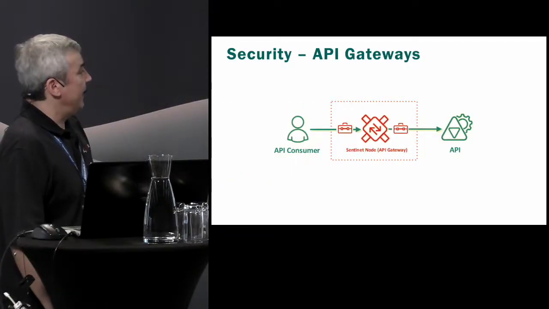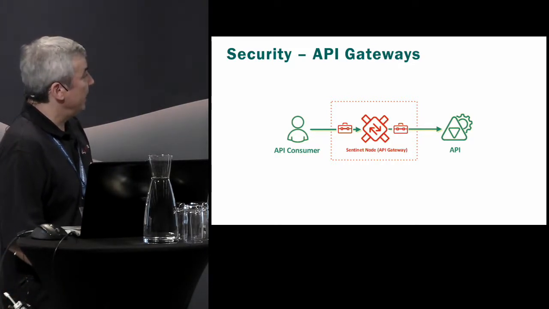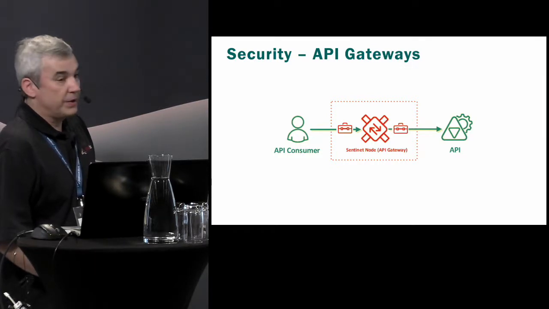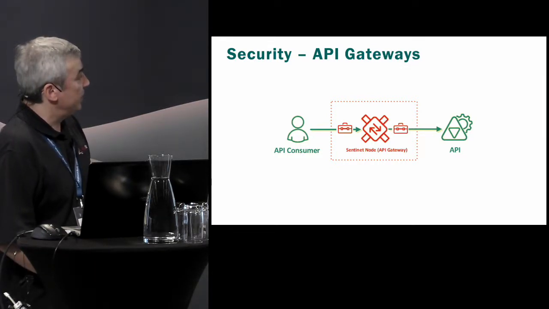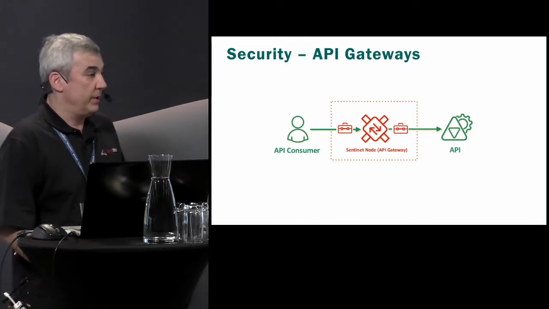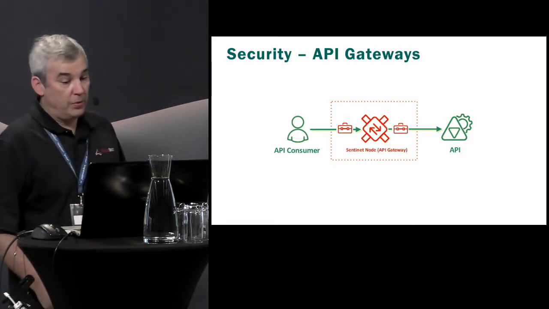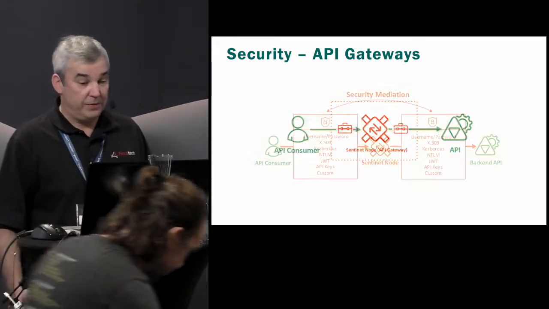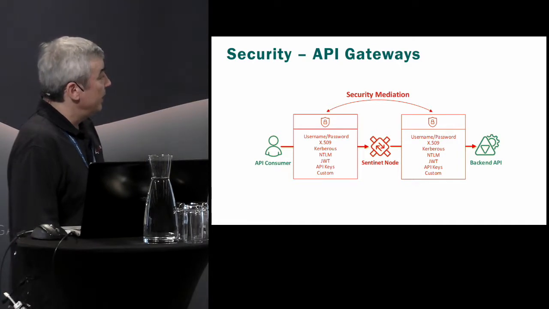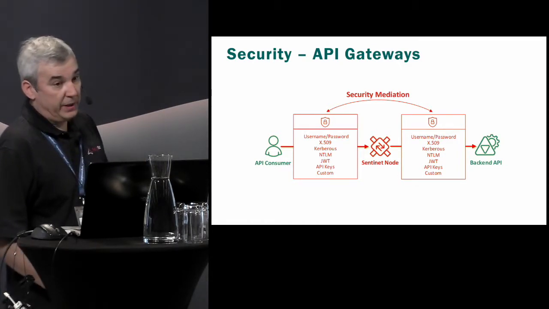Even though at first glance it might seem that complexities multiply, because where you used to have just one security model, you might now have two. You have two network communication legs, and each of them can be subject to security. This can be the same security, or they can be completely different. So in general, there might be some security mediation that will be executed by the gateway itself.